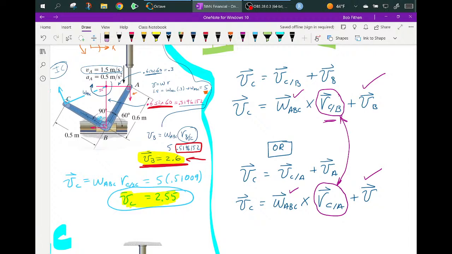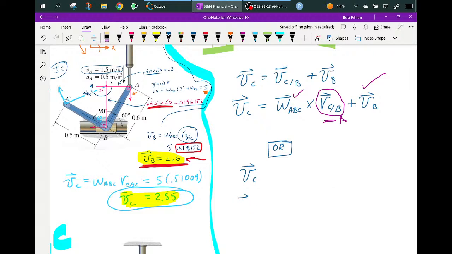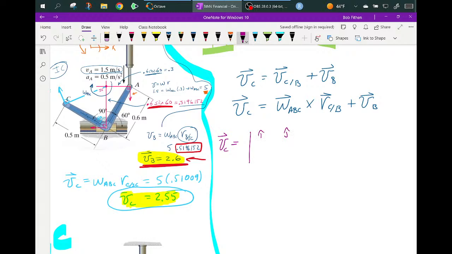So with that in mind, I'm going to get rid of all this. Okay, velocity of C will equal I, J, K, 0, 0.